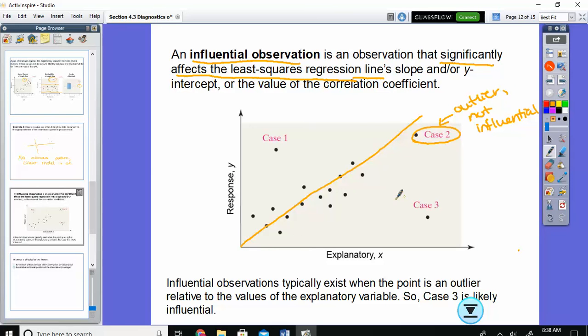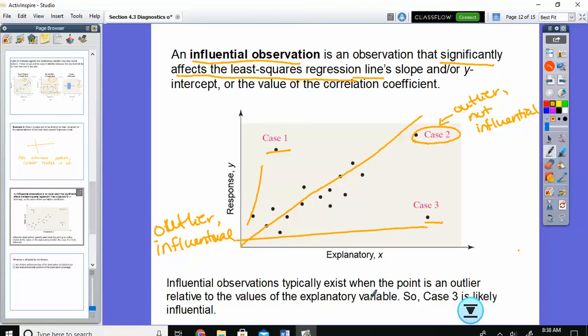What makes it influential is if it's an outlier that is not going to follow that regular pattern. So if it's way above or way below the line. So these 2 points, those are both outliers, and both of those are influential.